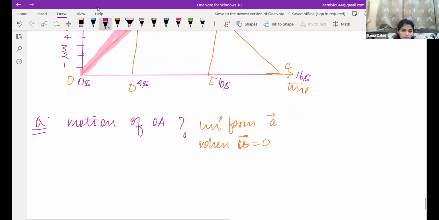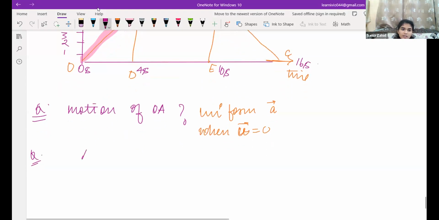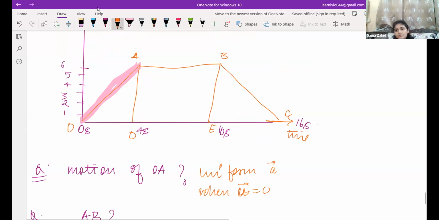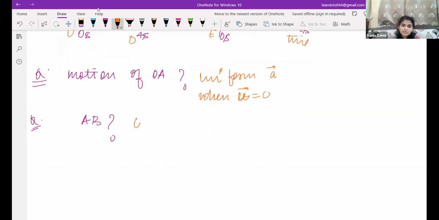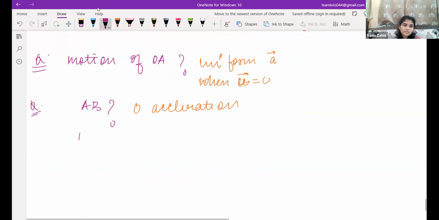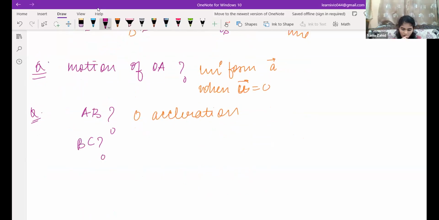Then question number 2 is, what type of motion is represented by AB line? Look at AB line and tell me. Acceleration equals 0. Exactly. Then I say BC.